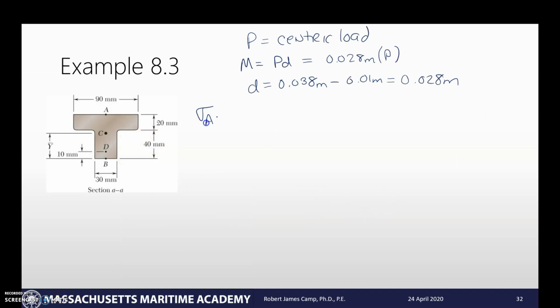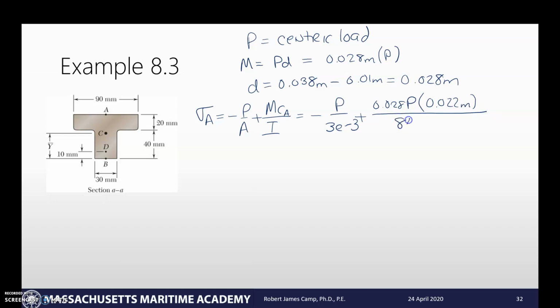So let's take a look at our stress at A first. It's going to be negative P divided by A, plus Mc, and we'll use c_A for the distance from the neutral axis to A, divided by I. If we plug that in, we've got negative P divided by 3e to the negative 3, plus 0.028P, which is our moment, times our distance from the centroid to there, which is 0.022 meter, divided by I, given in the problem as 868 times 10 to the negative 9th.